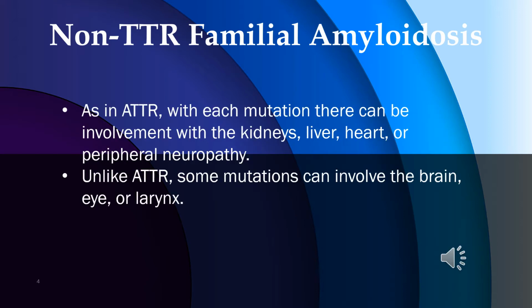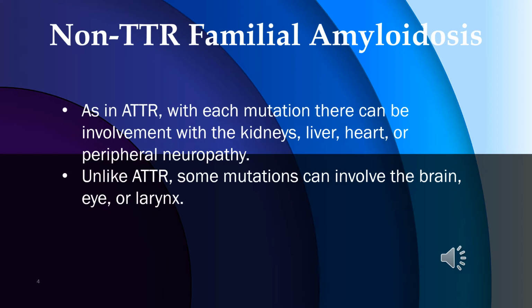All right, now just like in the ATTR amyloidosis, family members can have involvement with the kidneys, with the heart, with the liver, or with peripheral neuropathy. If they start having problems with carpal tunnel, that is one of the first signs that there is an issue going on. But unlike ATTR, some familial mutations can involve the brain, specifically cerebral hemorrhages and strokes.